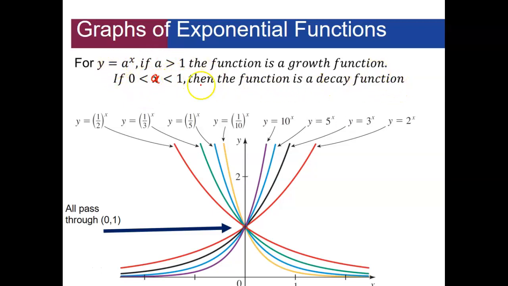If you have a negative in front of it, then that's going to be a reflection in the x-axis. Okay, so you can see here, these that are going down all have a base that's between 0 and 1, and all these that are growing all have a base that's greater than 1. They're all passing through the point (0, 1) because they all have a 1 in front. So whatever is in front of that base is going to be considered your y-intercept.